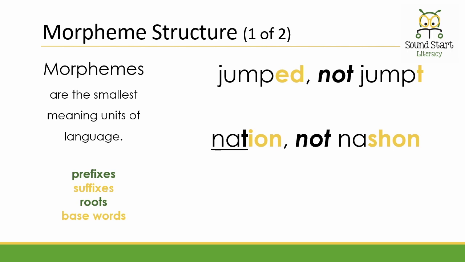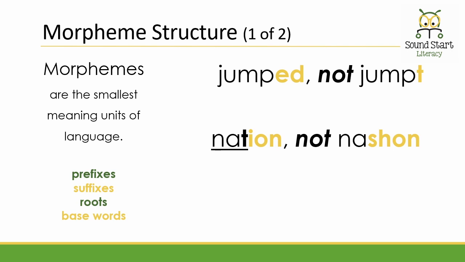When students are learning early on about the sound sh, they learn about the sh digraph. So many of our beginning readers and spellers would spell the word nation with an sh. But the word nation is actually comprised of a root, nat, and a suffix, ion, which is how we end up with the spelling nation instead of nashon.